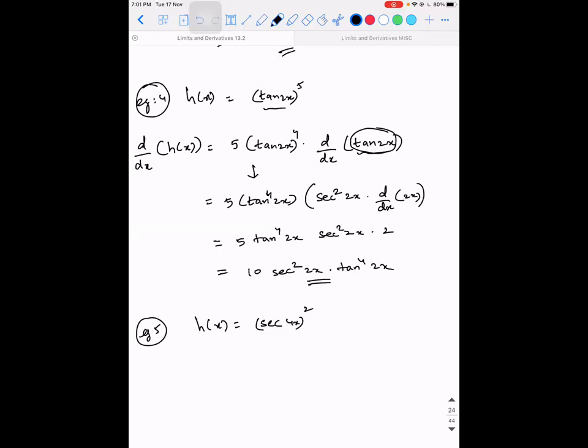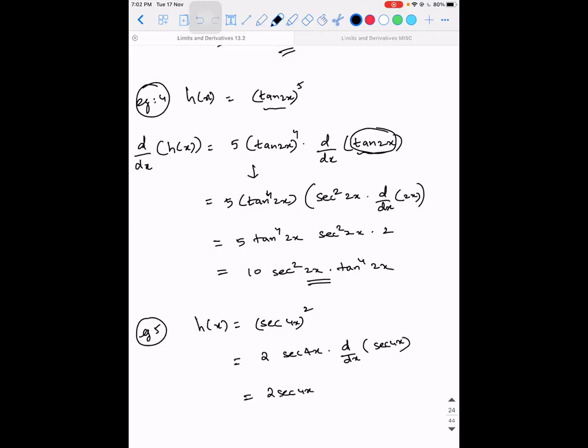So is it 2 secant 4x into derivative of secant 4x, correct? Into d by dx of secant 4x. Yes, sir.